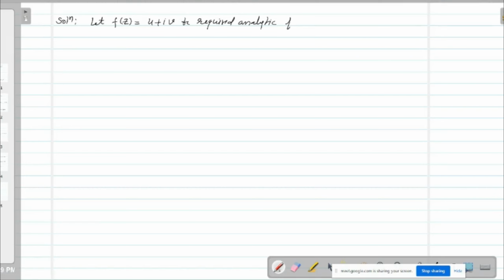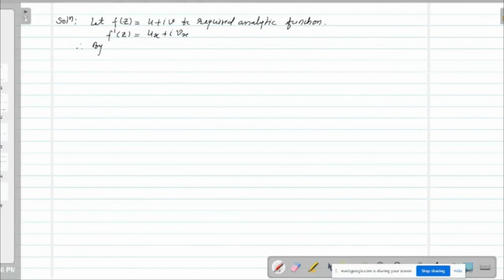Then what is the next step? We just differentiate this, so we have f dash of z equal to ux plus i times vx. Now the next step is to use the Cauchy-Riemann equation.